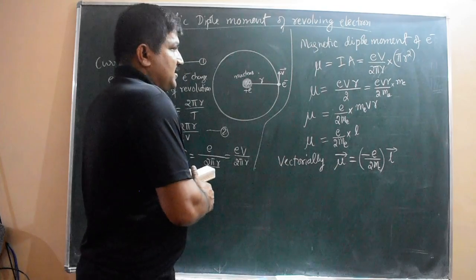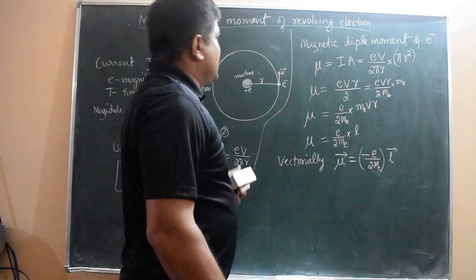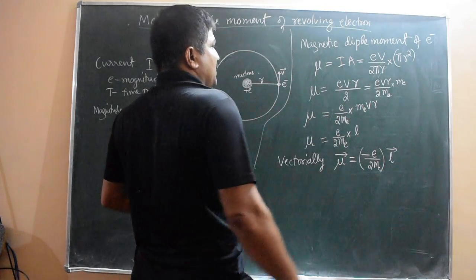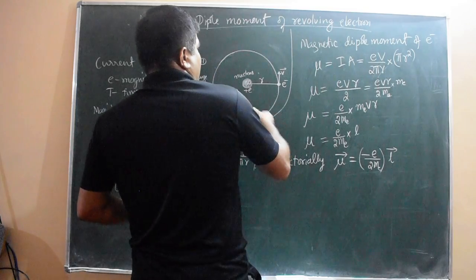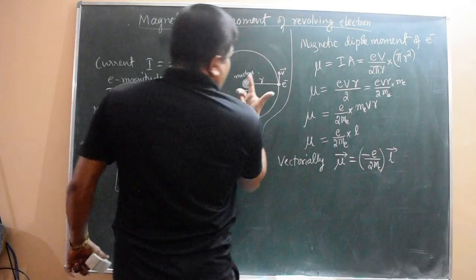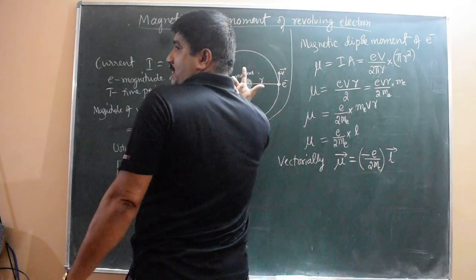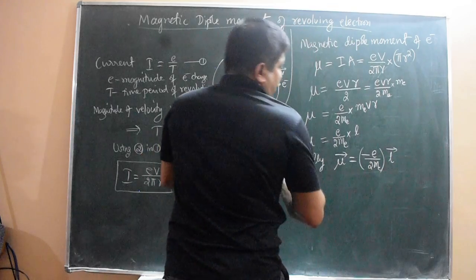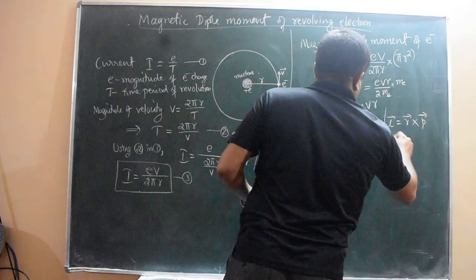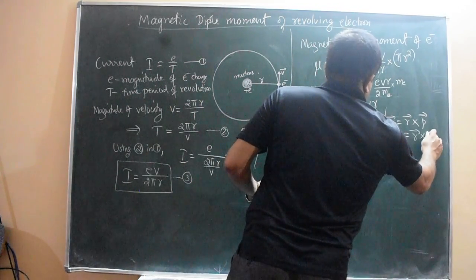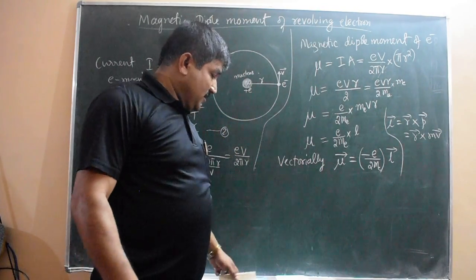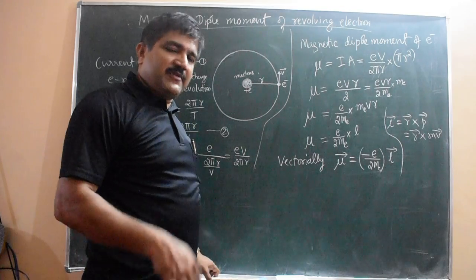Whenever the electron is revolving, the angular momentum L vector is equal to r cross p, where r is the position vector and p the momentum vector. The angular momentum vector L is normal, outward. It is a cross product: L equal to r cross p, equal to r cross m v. Cross product means the vector product of two vectors, so it is a vector quantity.